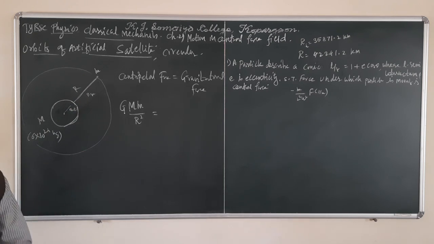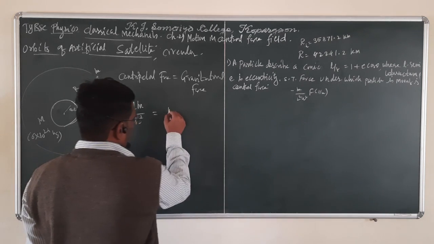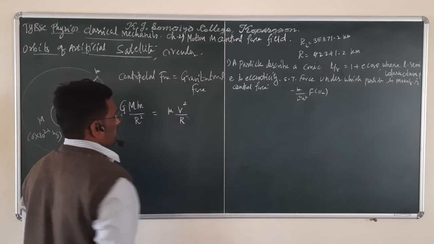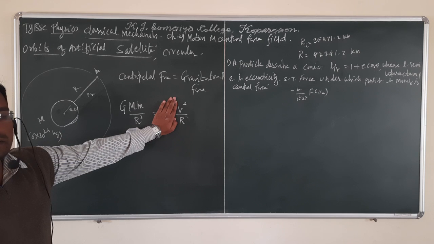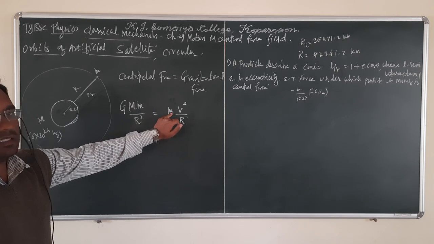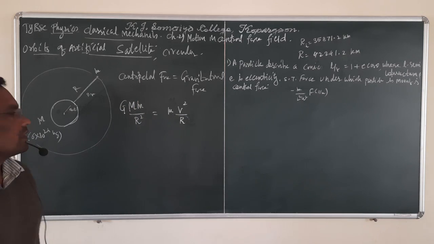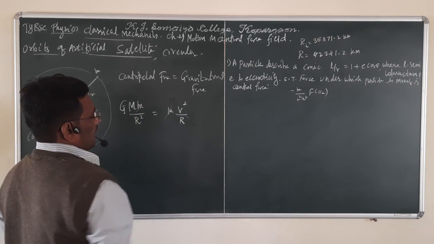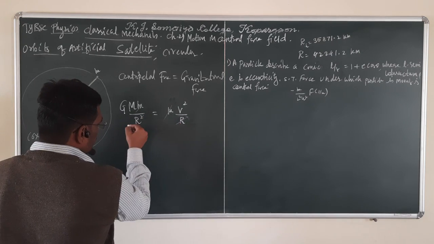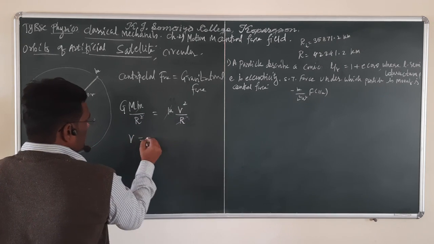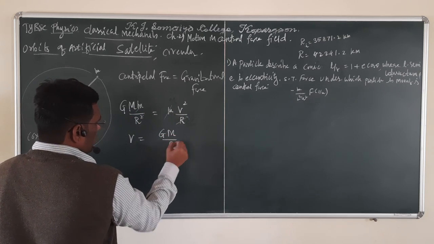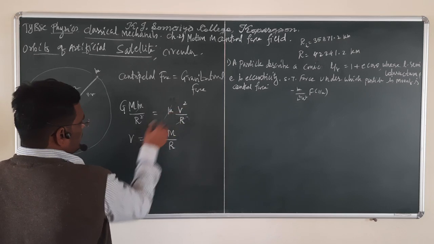Now the centripetal force is, we know, the mass of that satellite into the velocity of that satellite squared divided by r. So v square upon r is the circular acceleration. If you multiply this circular acceleration with mass, we get the centripetal force. So this small m, the mass of the satellite, gets cancelled. From this equation, r and r square get cancelled. So v square is equal to GM divided by r, and this is v square.